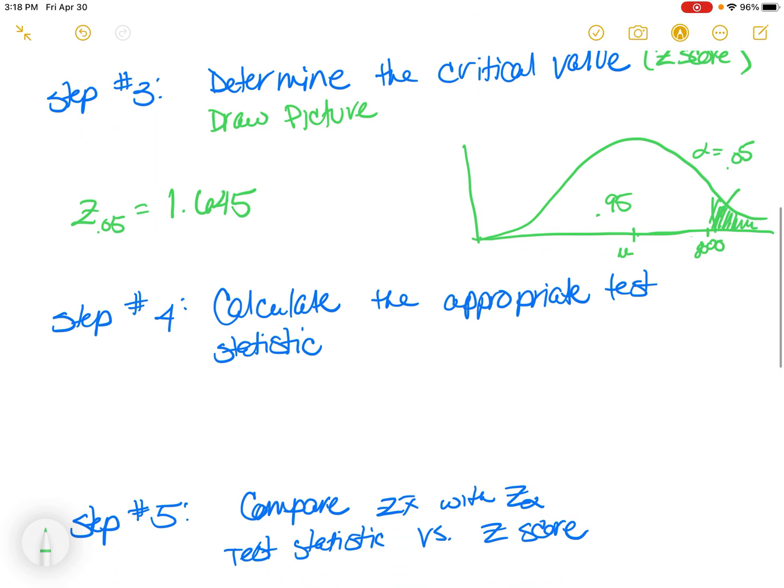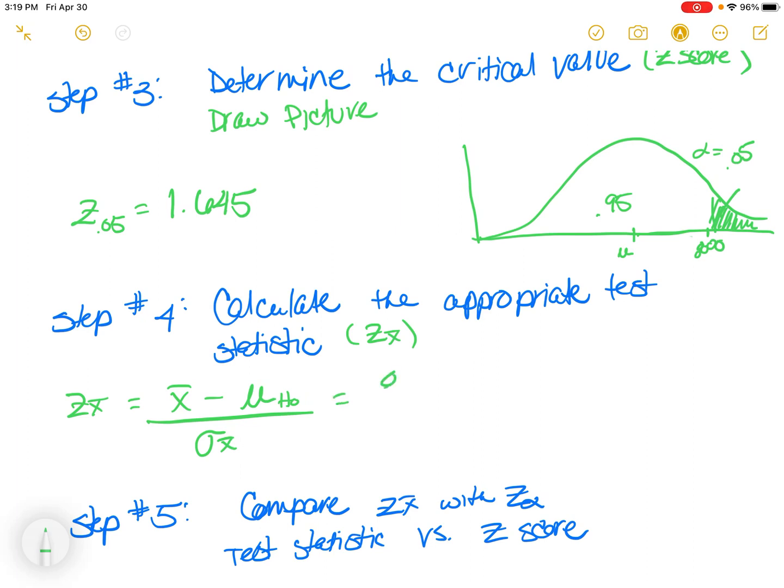The next step is to calculate the appropriate test statistic, which is denoted by z of x bar. We find it the way we've normally been finding it: x bar minus the mu of H naught, over the standard error.